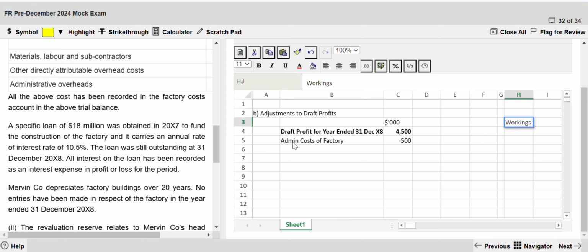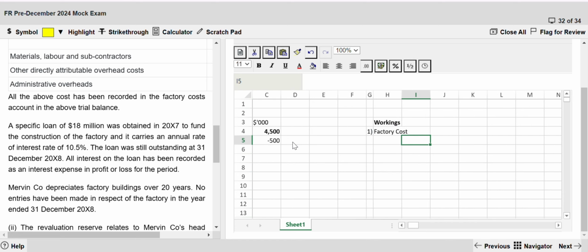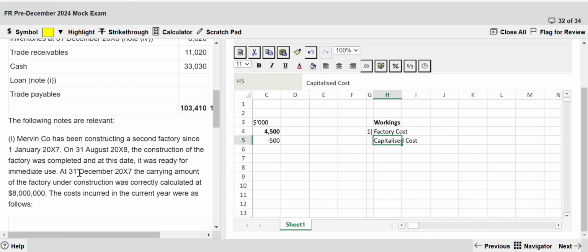So നമ്മളെന്താ ചെയ്യേണ്ടത്, ഈ ഫാക്ടറിക്ക് വേണ്ടിയിട്ടുള്ള ബോറോയിങ് കോസ്റ്റ് ആണ് ക്രിയേറ്റ് ചെയ്യേണ്ടത്. സോ വിച്ച് മീൻസ് വി ഹാവ് ടു ക്രിയേറ്റ് എ വർക്കിംഗ് ഫോർ ഫാക്ടറി കോസ്റ്റ് അല്ലേ? സോ ഫാക്ടറി, സോ വർക്കിംഗ് 1, ഓക്കെ, ഫാക്ടറി കോസ്റ്റ്. അതിനകത്ത് എന്തൊക്കെ ഉണ്ടാവും? ക്യാപിറ്റലൈസ്ഡ് കോസ്റ്റ്, which is given as the carrying amount of the factory under construction was calculated as 8 million cost, correct?